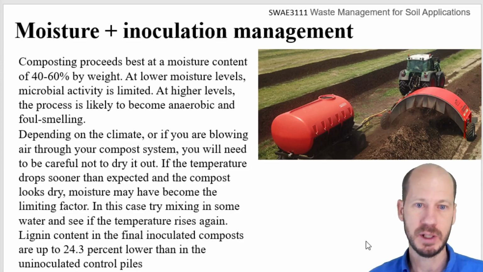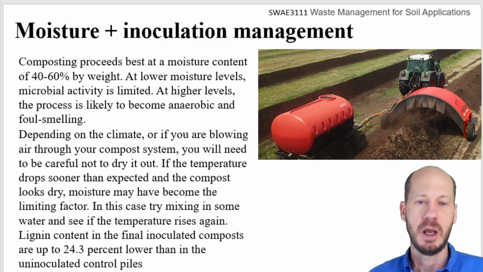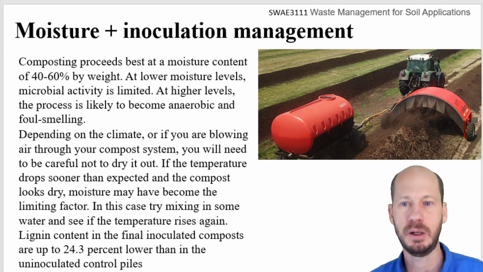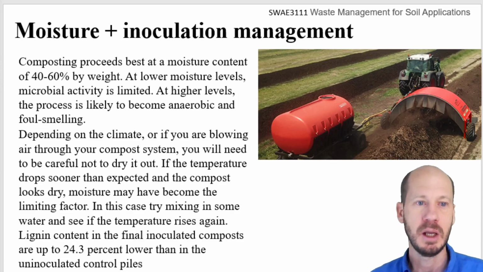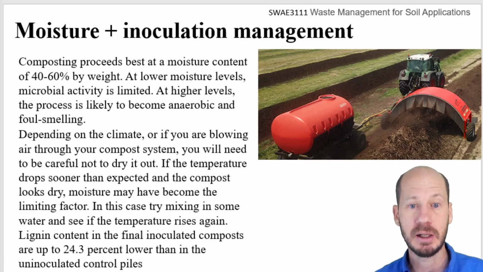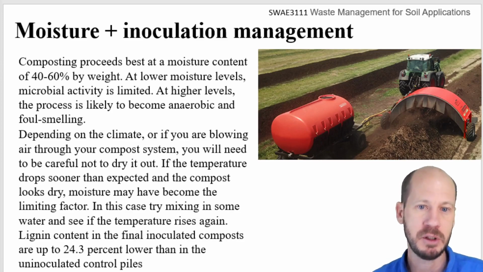And this is something we see here in Oman. Because of the very hot climate, the material dries too quickly, and you really don't want that. You want to keep the moisture content between 40 and 60% at least, up to the end of the maturing stage.